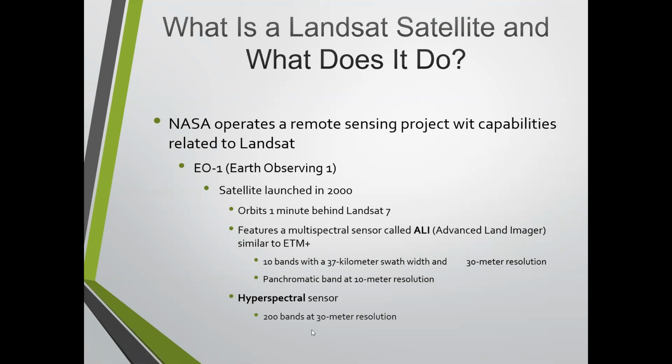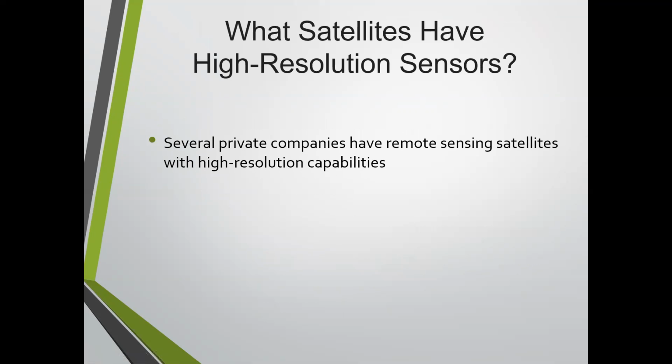Now it gets a lot better when you start to get into some of these. There are a lot of private companies involved in this process, and they are really pushing the spatial resolution capabilities. So one of the groups is SPOT. Now SPOT was originally started by the French, and I believe it was run by the French government. I think it has since been sold and is a private concern.